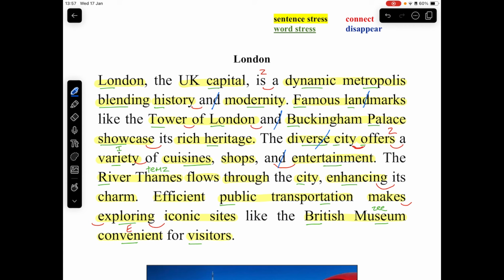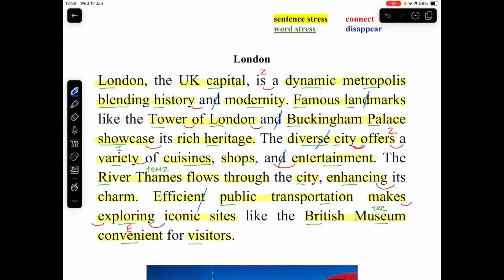Efficient public transport. Now, efficient public transport. I could say efficient and really hit that T. But efficient public transport, for me, is clear enough. Efficient. Public transportation makes exploring iconic sites like the British Museum convenient for visitors.